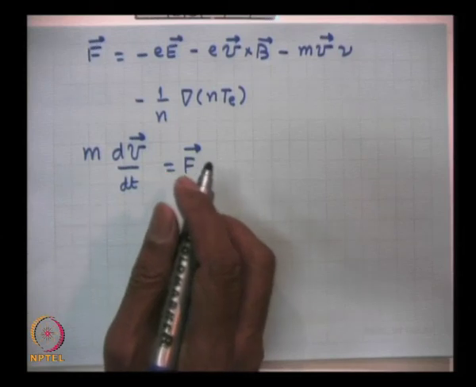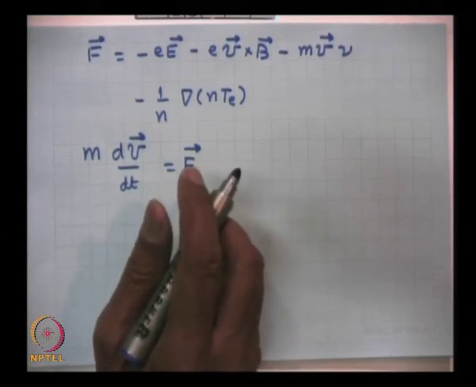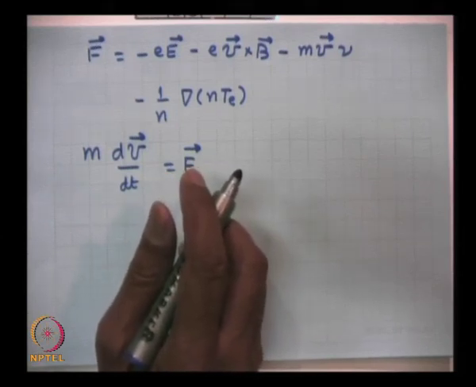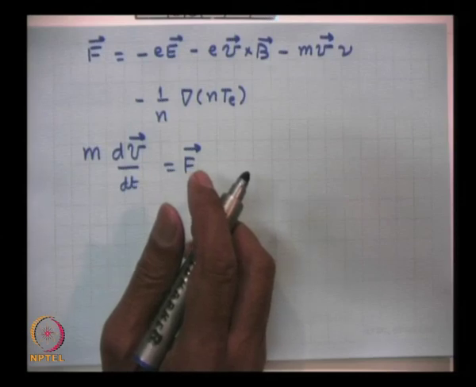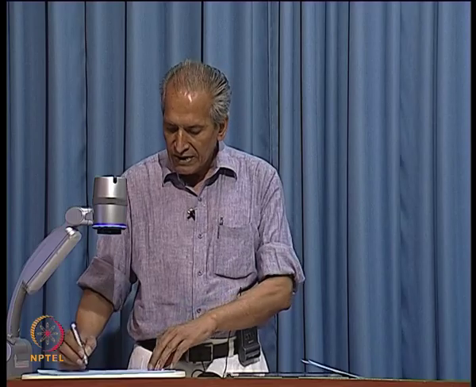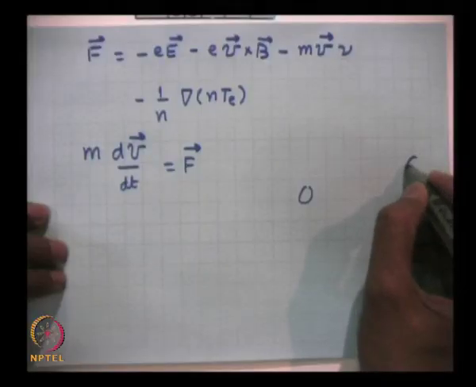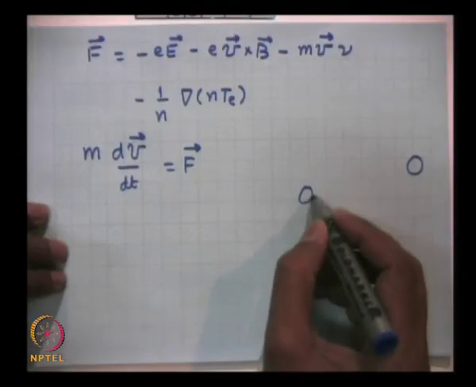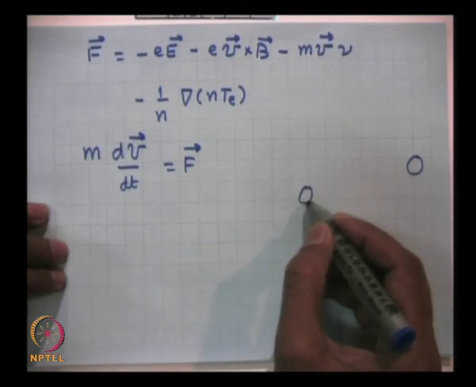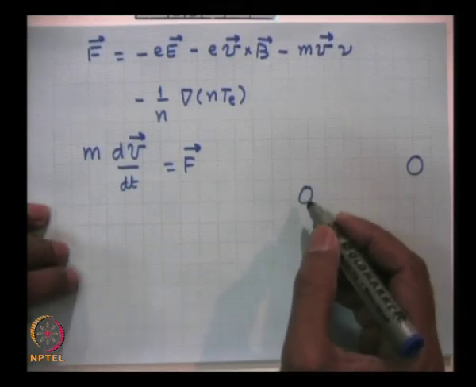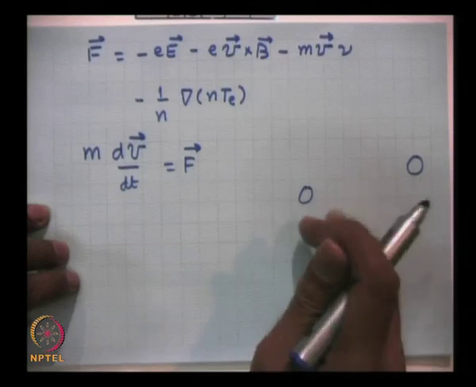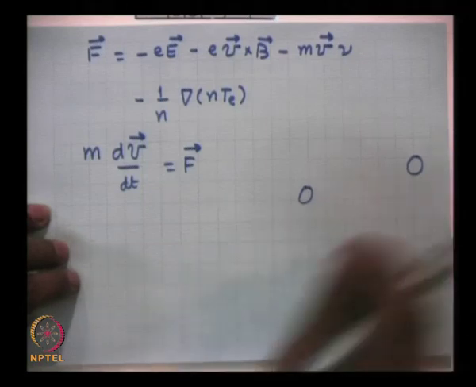But the system may not have the same average velocity everywhere. If you take the average velocity of particles in a small volume around this point, it could be different somewhere else. If you consider a volume element here, count the particles and measure their velocities and take their average, the value of V will be different here than there.